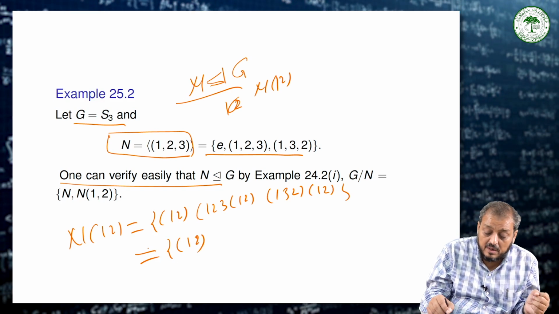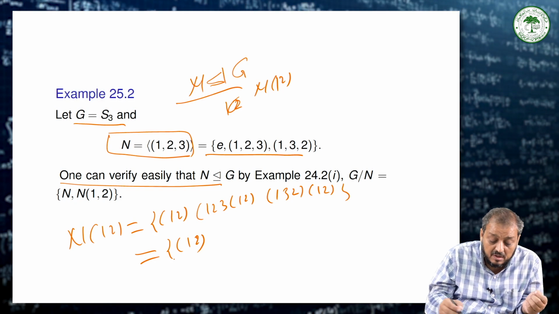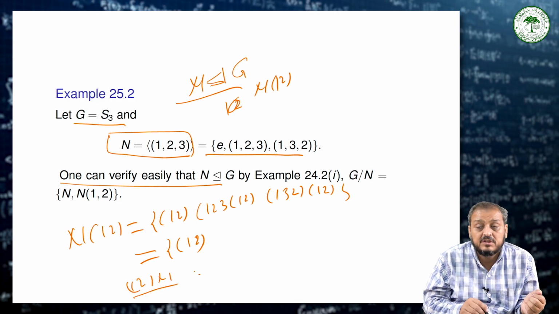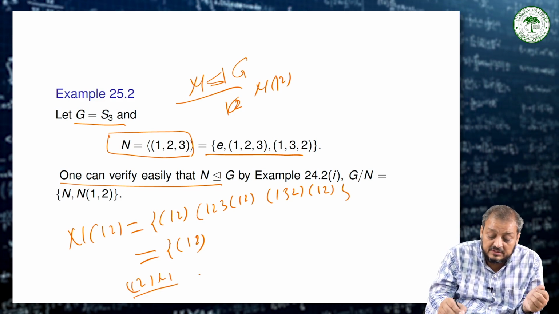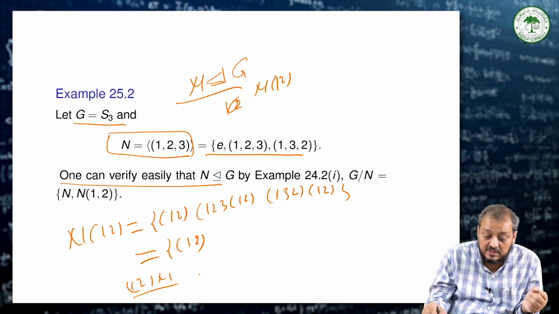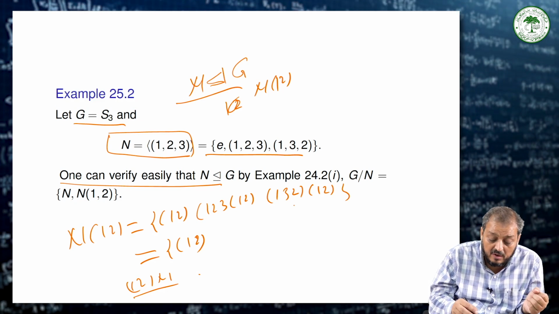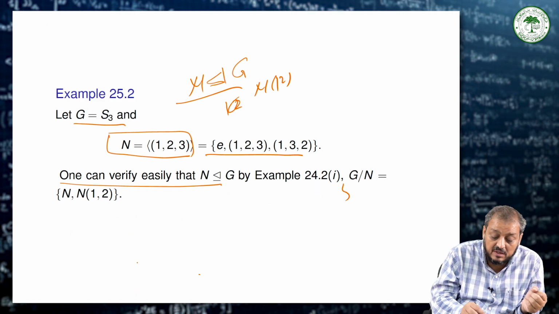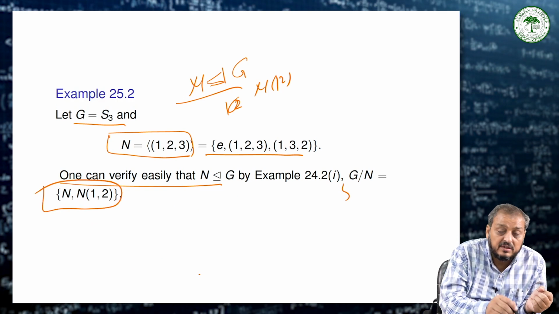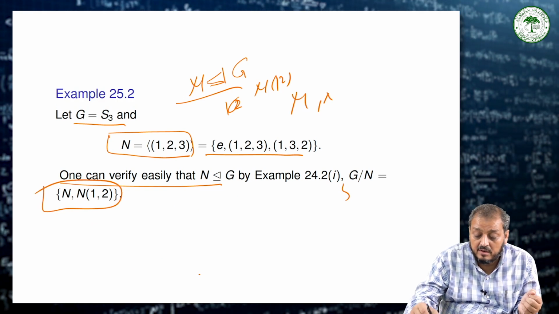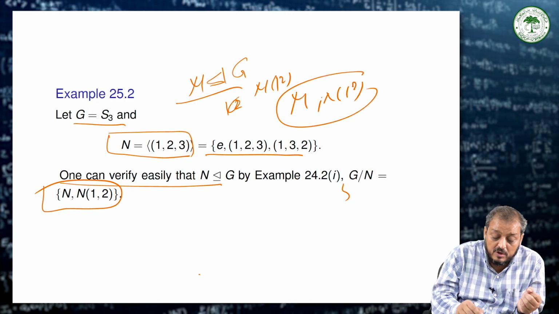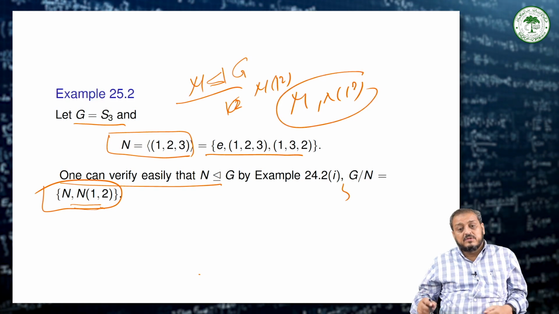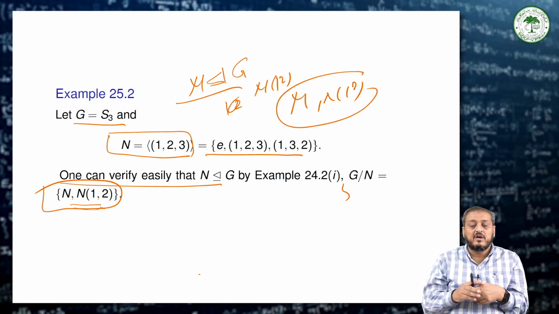So we just multiplied by this, and this is the same as (1 2)N. So in this case, the only possible cosets of G/N are N and (1 2)N, because if you take any elements of this, you get (1 2)N. That means all are repeating into this form.